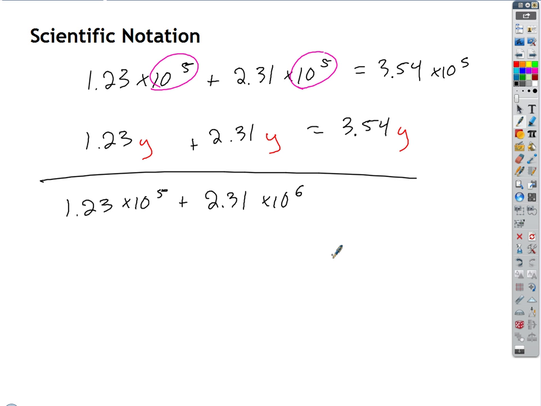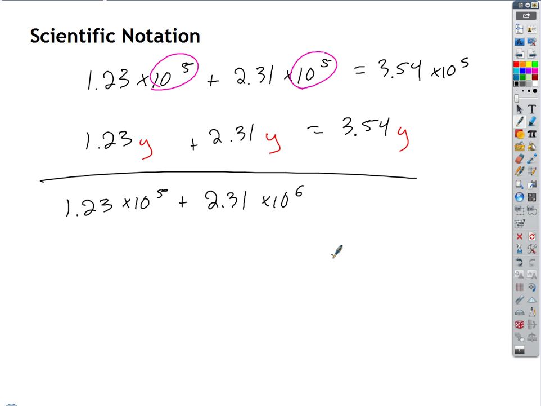But in order to get there, if this is 2.31 times 10 to the 6th, and I want to write this in terms of 10 to the 5th, what am I effectively doing? The whole number has to have the same magnitude before and after, right? The quantity can't change.